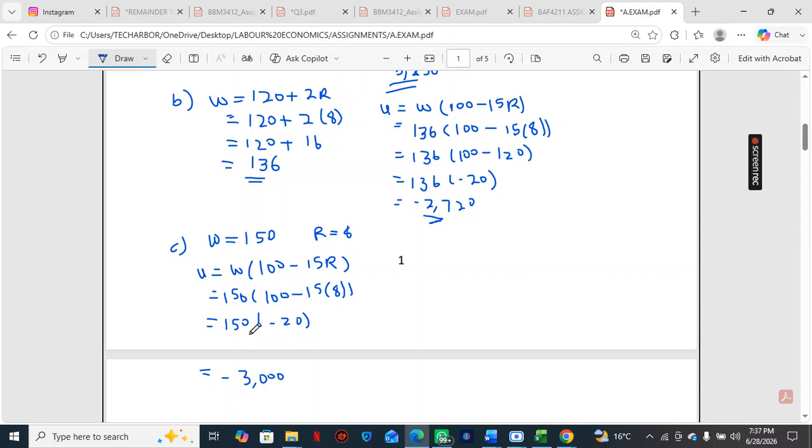So we've seen the risk level has still stayed the same. Okay. Government has increased the wage because remember earlier on the wage was 136. Utility was negative 2,720. Now the minimum wage increases from 136 to 150.